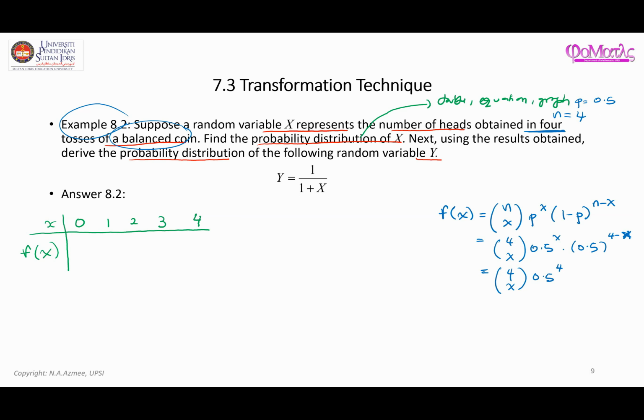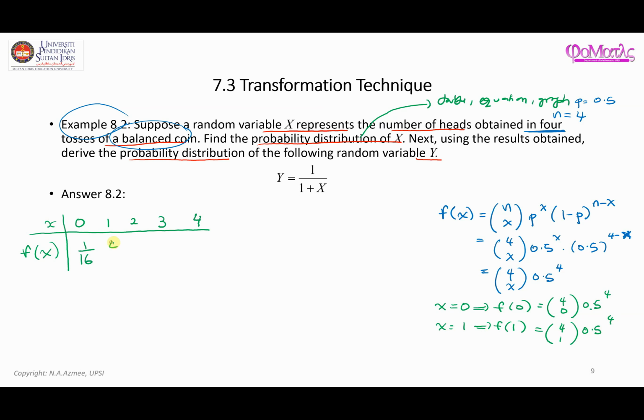In order to find the probability, you just need to substitute the values of x. When x is 0, f(0) is 4 choose 0 times 0.5 to the power of 4, and the result is 1 over 16. When x is 1, f(1), the probability of getting 1, is 4 choose 1 times 0.5 to the power of 4, and the result is 4 over 16.